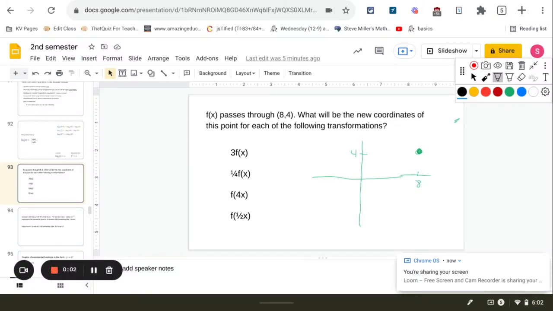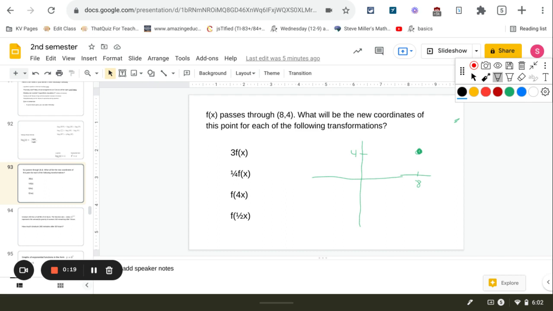All right, so a little bit different of a question this time. We have the point (8, 4), and the question is, what will be the new coordinates for this point in each of the following transformations?